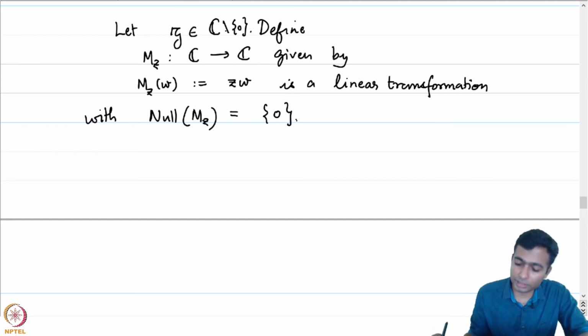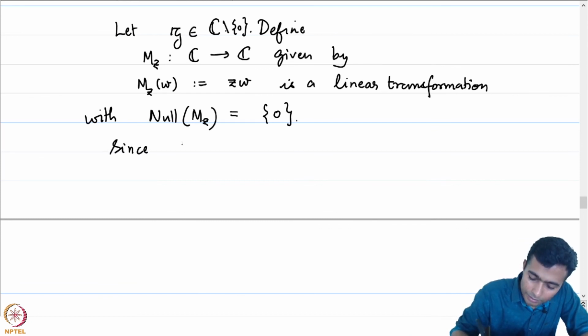And therefore, m_z is an injective linear transformation from a two-dimensional vector space to itself. What can we say about an injective linear transformation from a finite dimensional vector space to itself? It should necessarily be surjective by the rank nullity theorem.